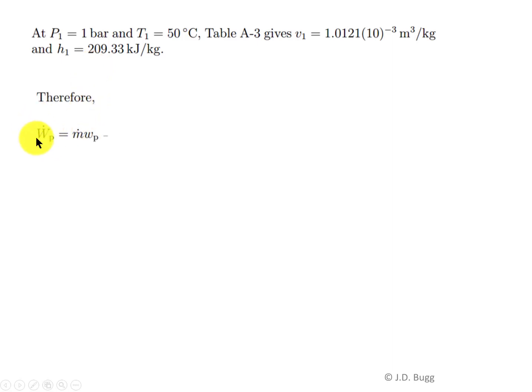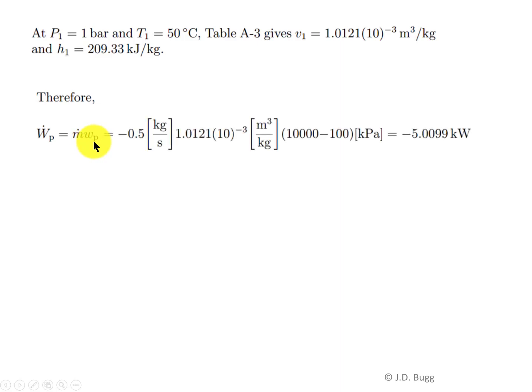So we can use this to calculate the power input to the pump. So realize that the power that the pump requires is equal to the mass flow rate through the pump times the work per unit mass. And so using the equation we just came up with, here's our mass flow rate, 0.5 kilograms per second, the specific volume, the pressure at the exit of the pump, being careful to write that in kPa, and the pressure at the inlet of the pump, also in kPa.